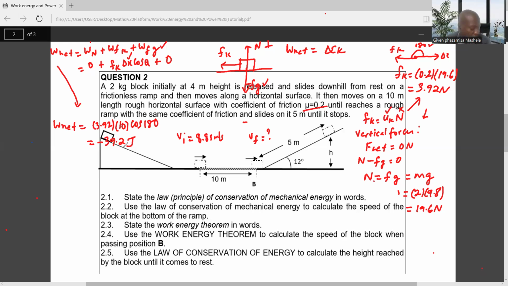This is the net work done. They said we must use the work energy theorem, but we can still use the work done by the non-conservative force. The answer will still be the same.